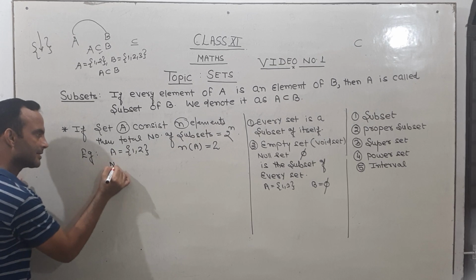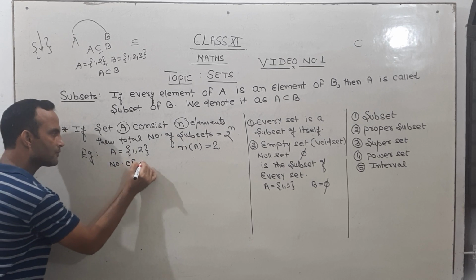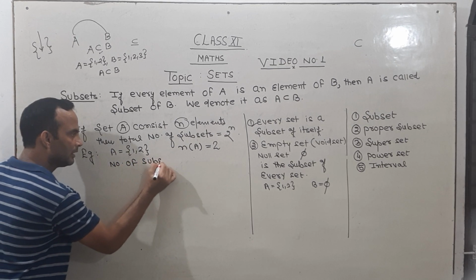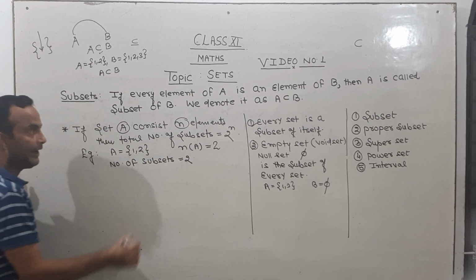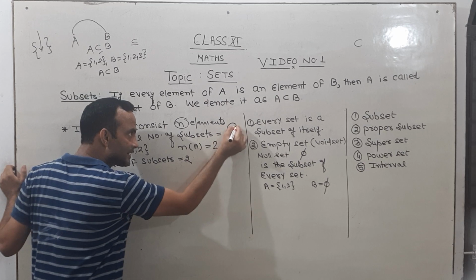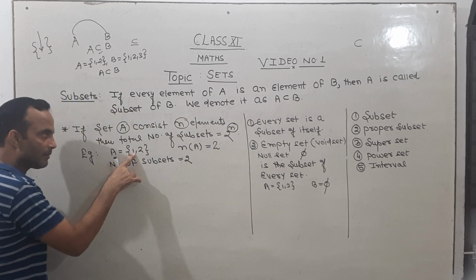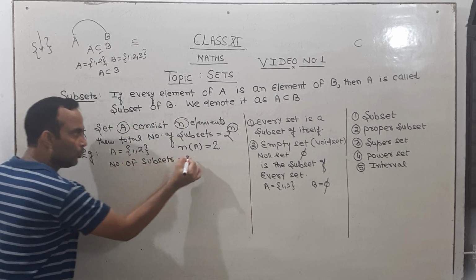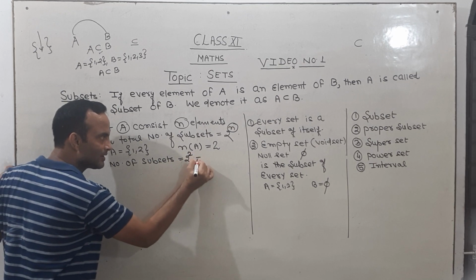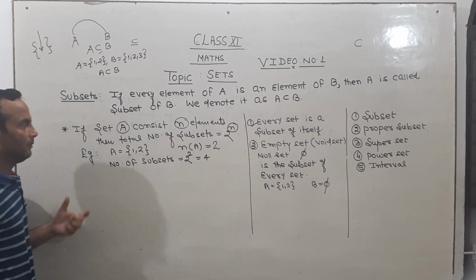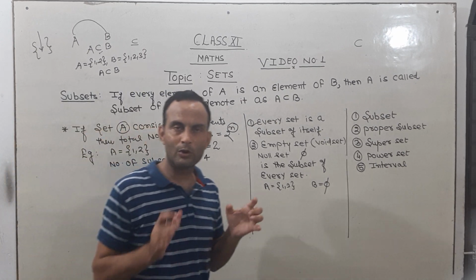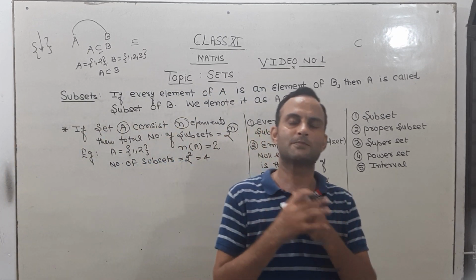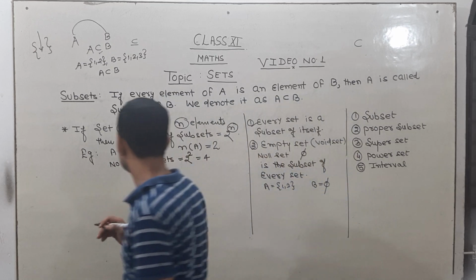Number of subsets is what? 2 raised to the power n. N is what? Number of elements present in the set. So here number of elements present in the set is what? 2. So 2 raised to the power 2 which is equal to 4. Means अगर इस सेट के सबसेट्स बनाए जाएं तो टोटल कितने सबसेट्स बनेंगे? 4 सबसेट्स बनेंगे. कैसे बनेंगे देखिए.